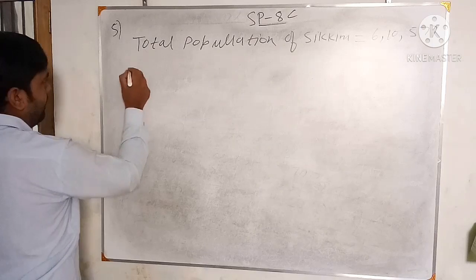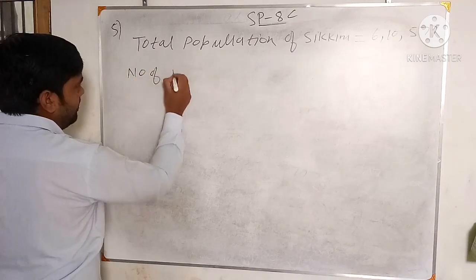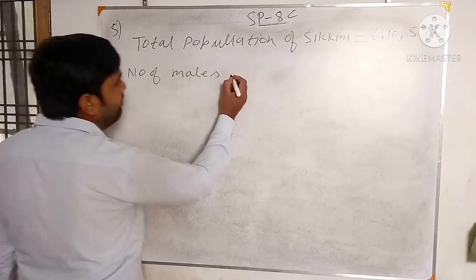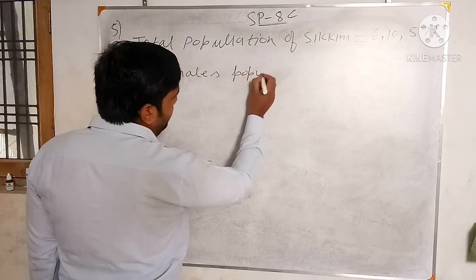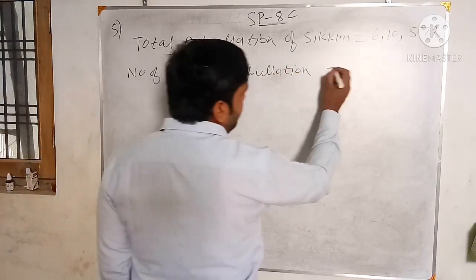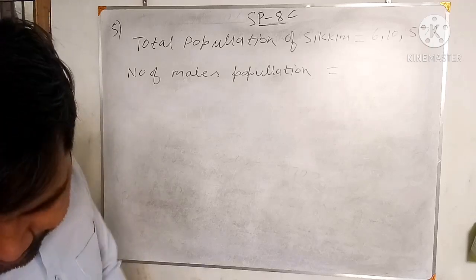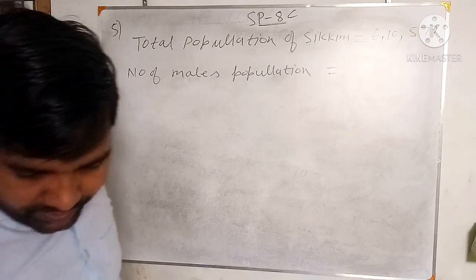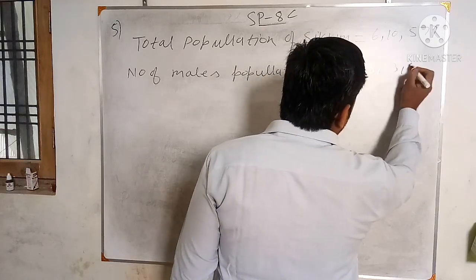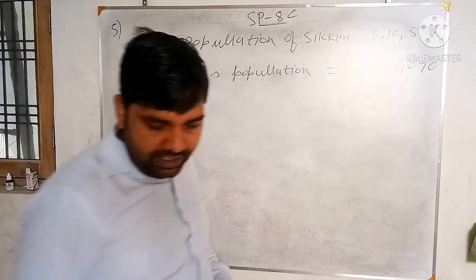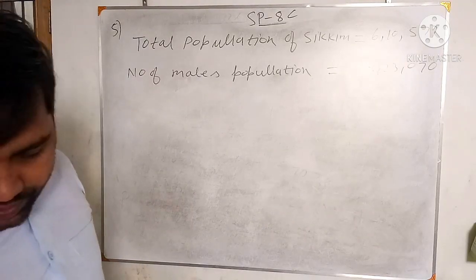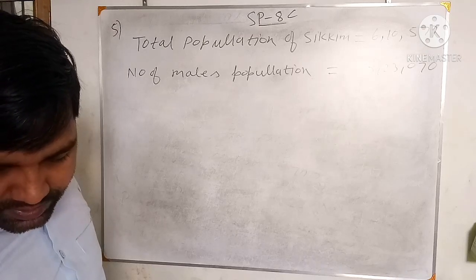Now the number of males, the male population, means out of this total population how many males are there. The number of males is given as 3,23,070. So the question asked is, what percent of the total population of Sikkim are females?